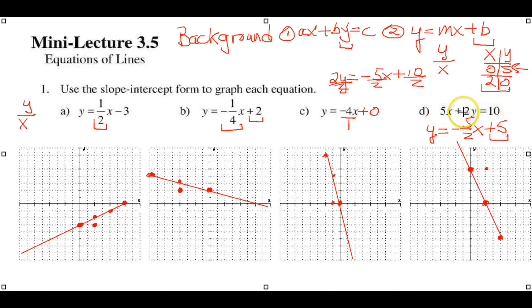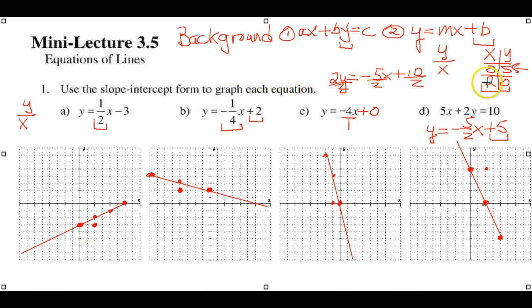But sometimes this wouldn't work too well because you would get fractions. So another way is to solve for the letter y and put it in slope-intercept. So you plot the y-intercept, the b, and from that point you plot your graph.